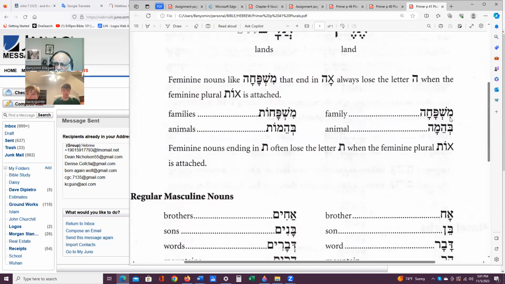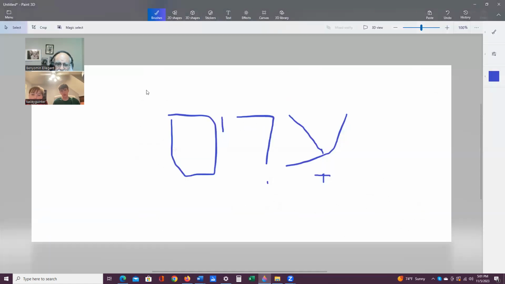Here we see mishpacha. Here we see mishpachot. So here's the rule with feminine nouns like mishpacha that end in the chet patach hey: we lose the letter hey and replace it with the ot ending. Do you see that? Let me try to show you graphically.